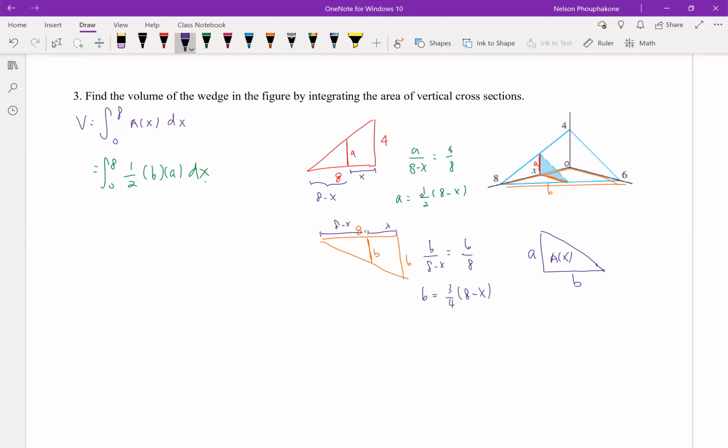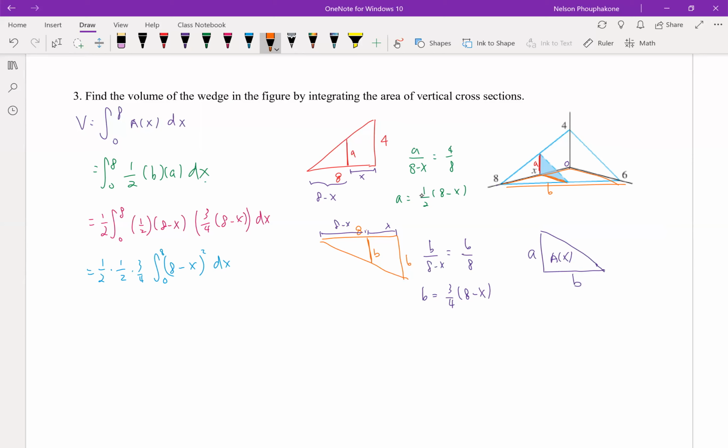Okay, so now let us plug it in here. So I will have 1/2 times a, which is 1/2 (h minus x), times b, which is 3/4 (h minus x), dx. Then I will have 1/2 times 1/2 times 3/4, integrated, of (h minus x) squared.